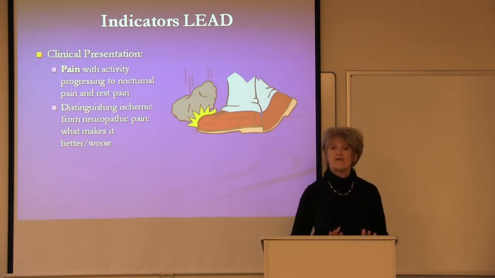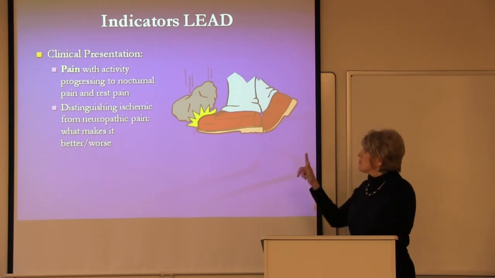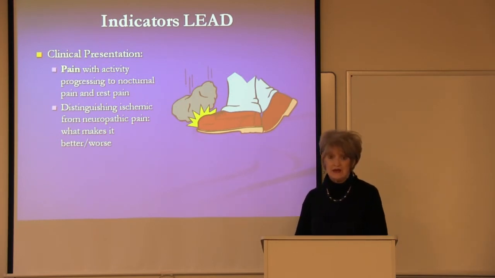Eventually, they will have pain even at rest, even when they're sitting with their legs down. By the time that they get into rest pain, they typically have about 90% occlusion of the vessel. So that's a very advanced indicator. Most of our patients with lower extremity arterial disease are diabetic.